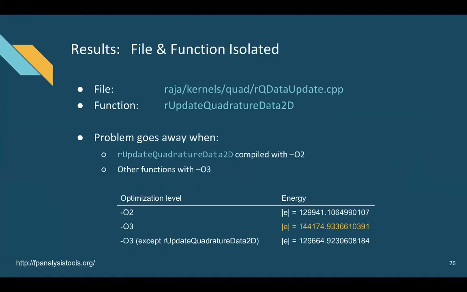There were some divisions that the compiler was promoting to reciprocal operations. And all of this combined with subnormal numbers produce this error. So we didn't end the debugging at this point. I'm just showing you the process we follow to find the function. But after the function, we have to find the line of code. And when we found those, we actually corrected the problem to the expected result. I just didn't show this here in the presentation because of time.